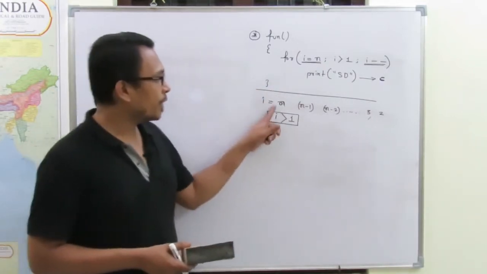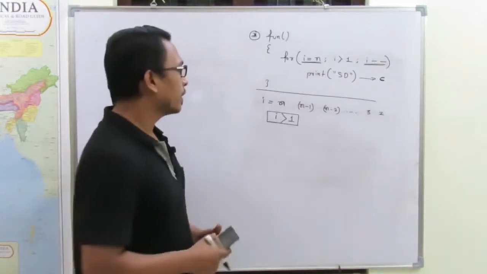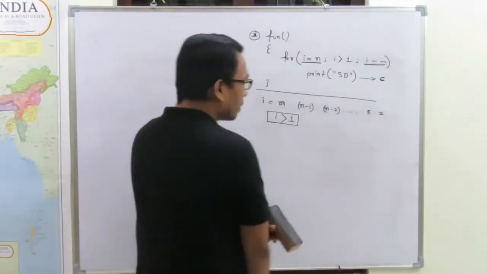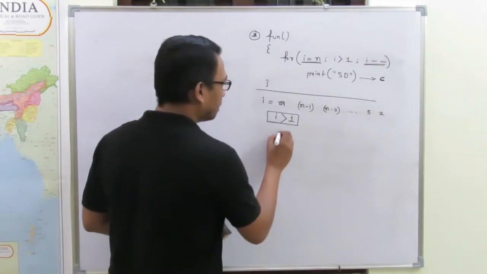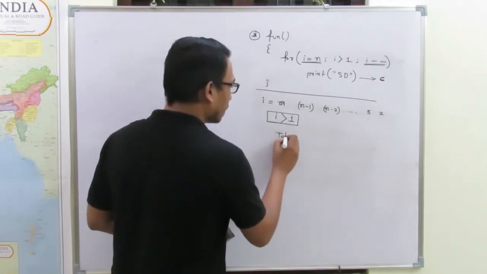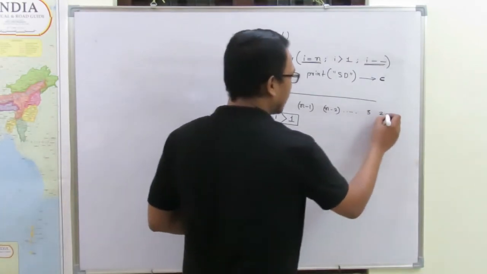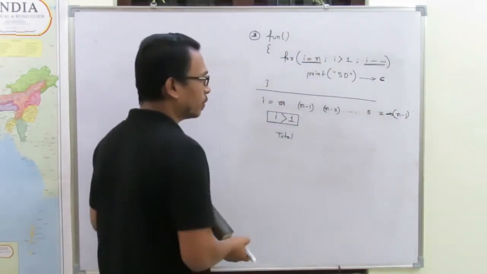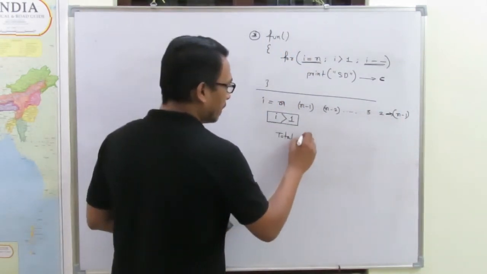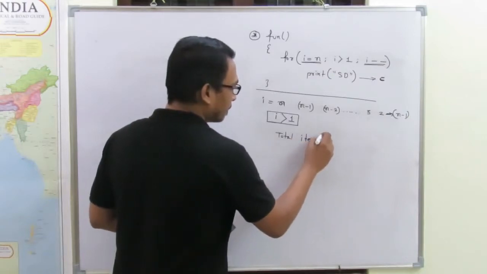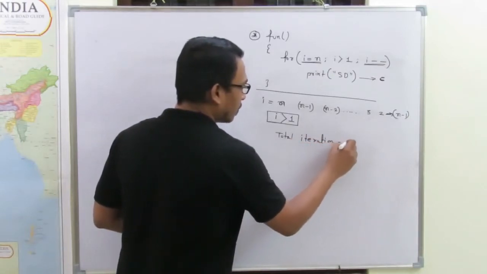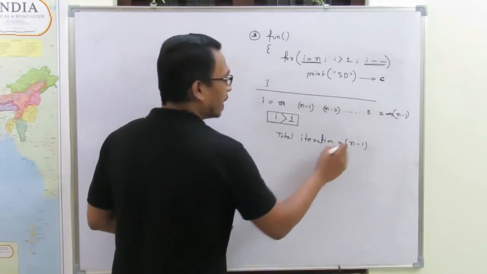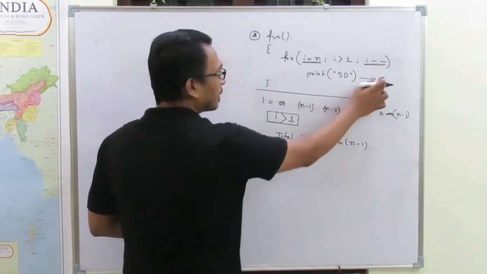How many numbers are there? The total number is n minus 1. Clear? So total iterations will be n minus 1, and each iteration takes c time.